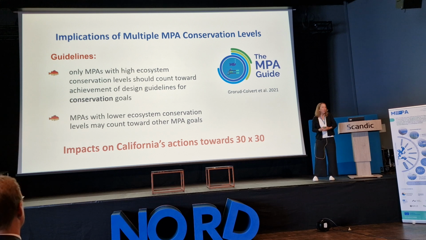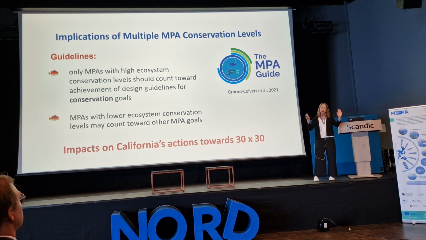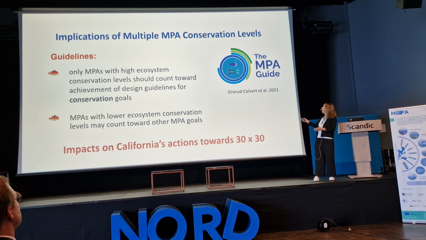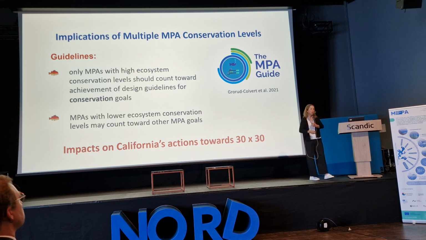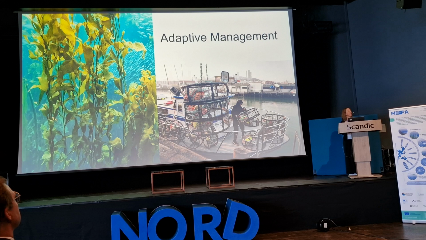And so we started with our network of MPAs, so we're already ahead of the game, but we are in very interesting conversations about what should count towards our 30% of our coastal waters. And we are using now adaptations of the MPA guide to make some of those decisions, and another great document, which is the OECM guide as well. And I'm happy to talk more about that.